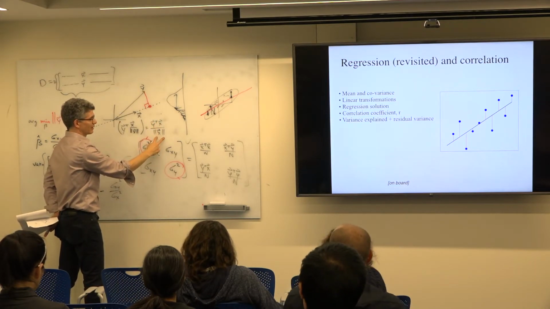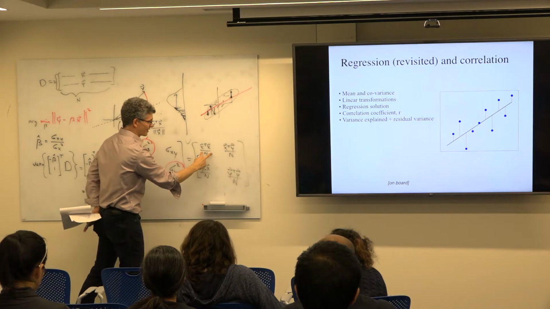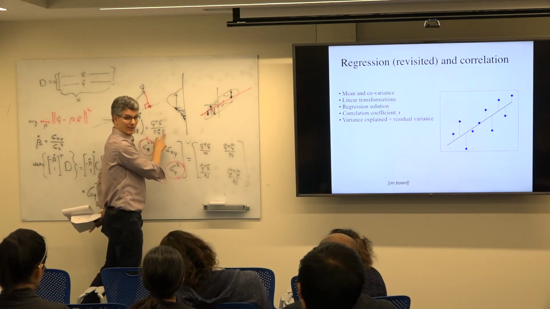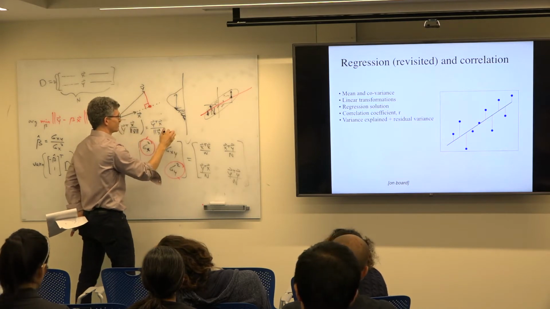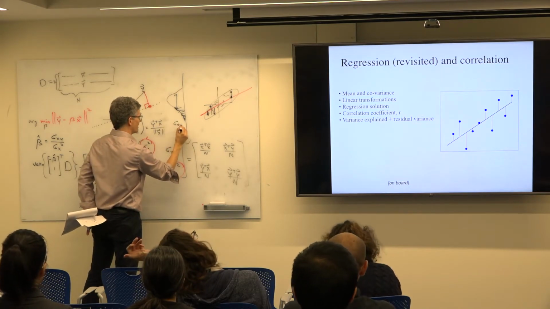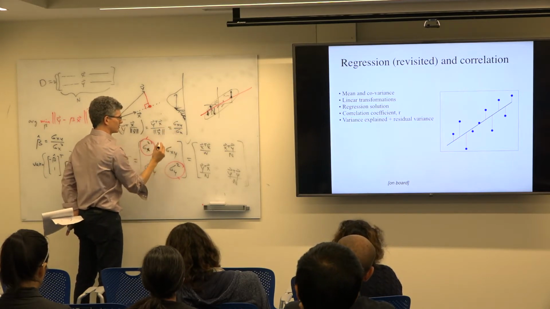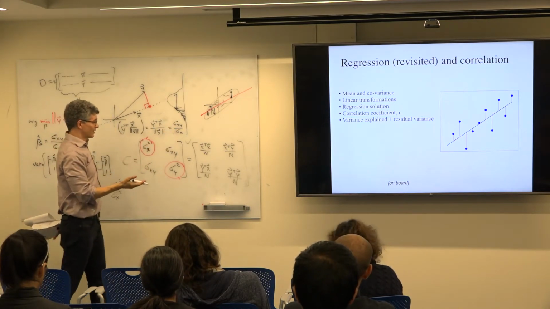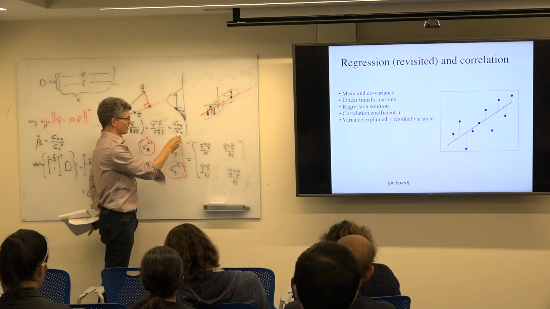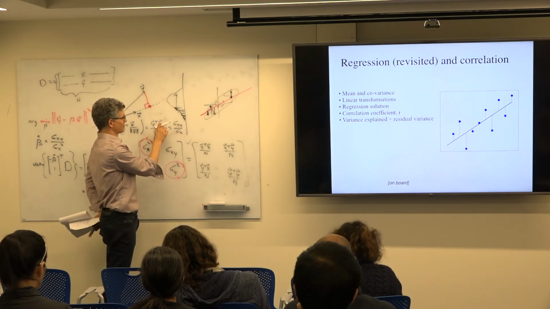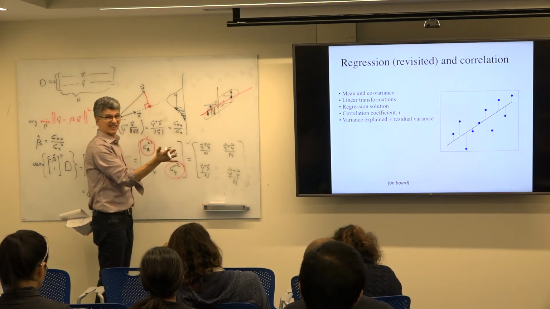And this thing in the denominator is sigma x squared, but the square root of that, so it's just sigma x. So really, this thing is sigma xy divided by sigma x. I left out the divide by n's, but it doesn't matter because they're both divided by n, so the n's go away.